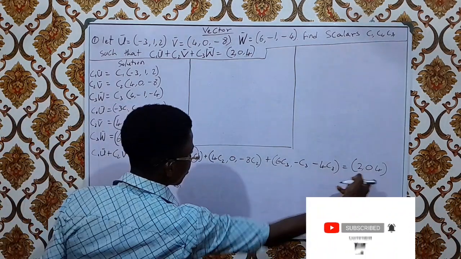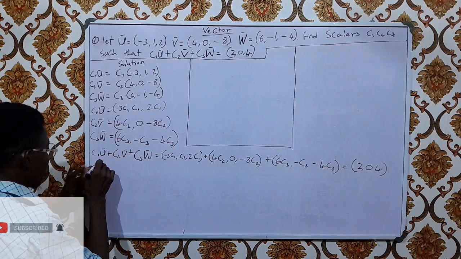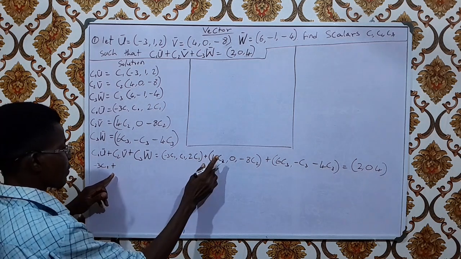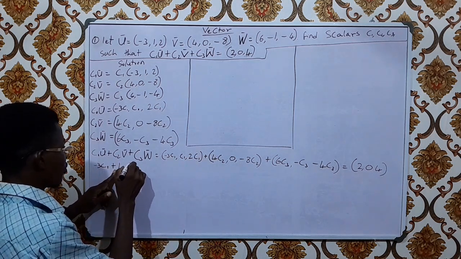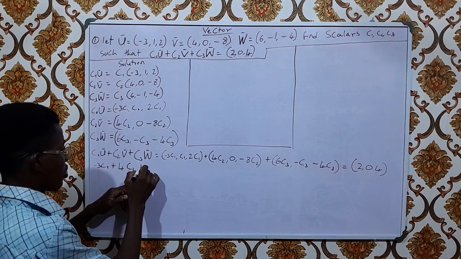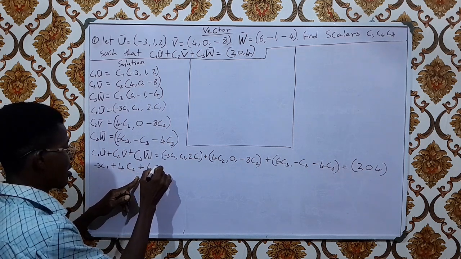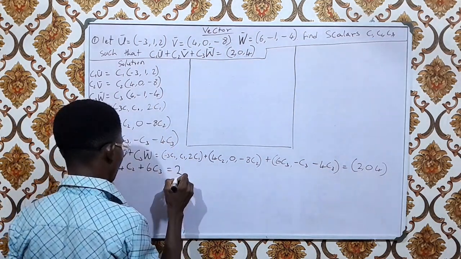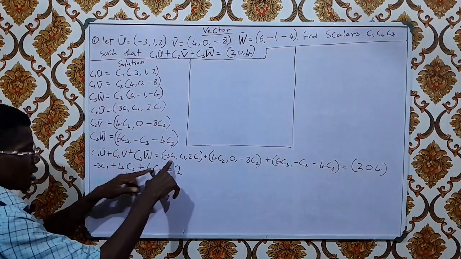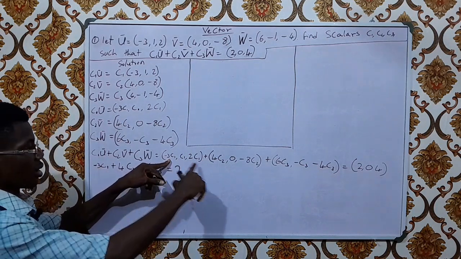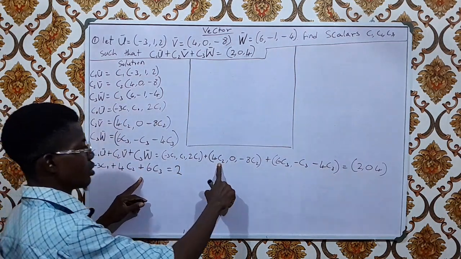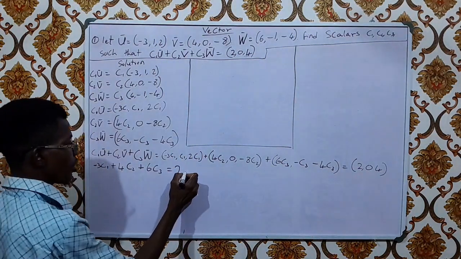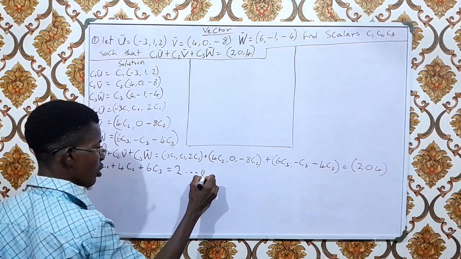We now have that -3C1 plus 4C2 plus 6C3 is equals to 2. We call it equation 1.